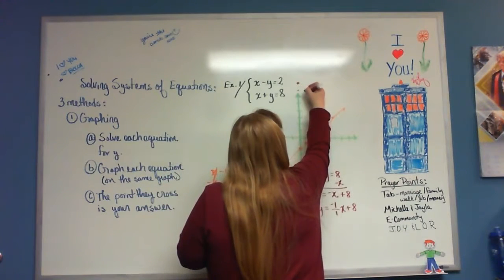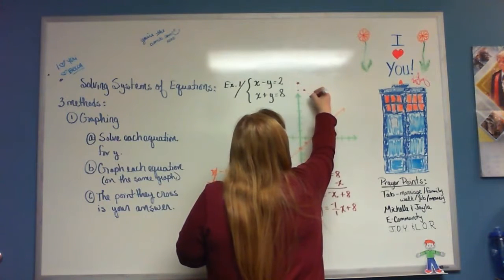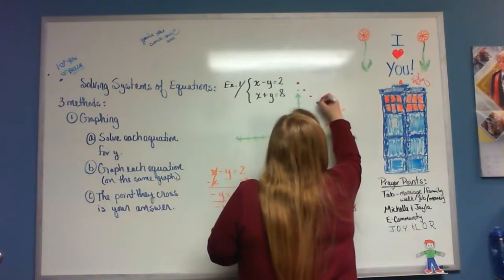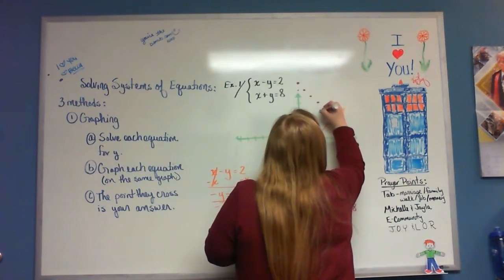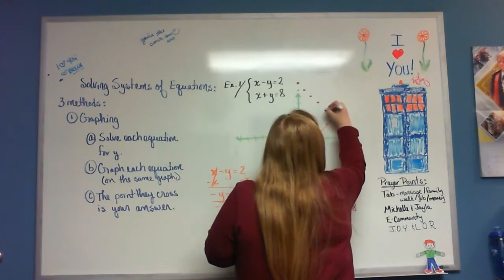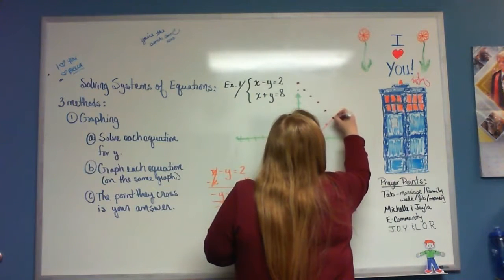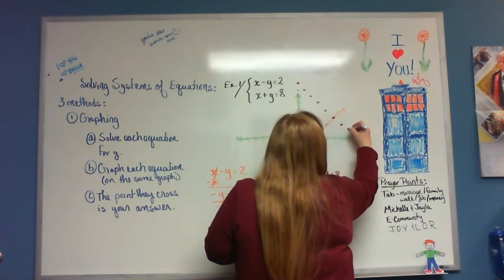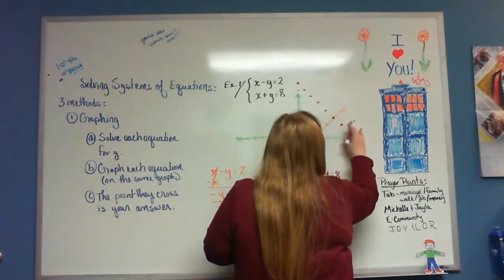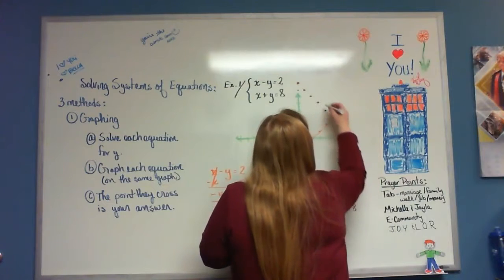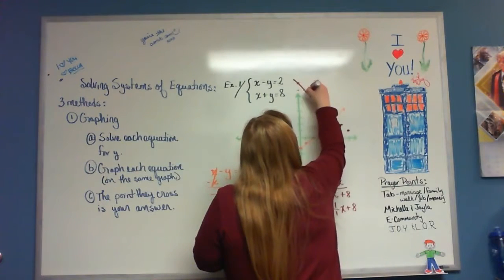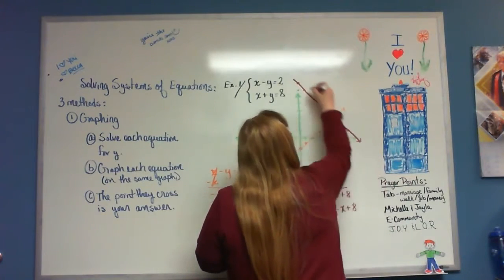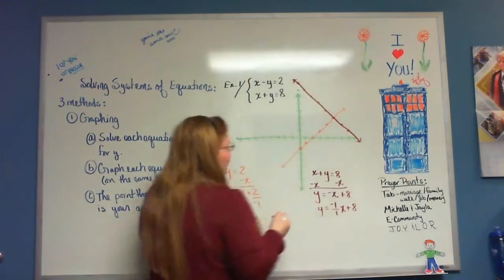Down 1 and over 1, and I keep repeating that. Oh, it's a little further down than that. So that line looks like that.